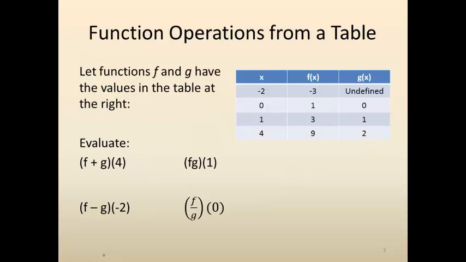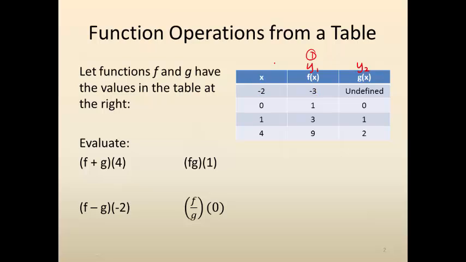All right, so function operations using a table. Here I've got a table where I have x values, but I have one set of y values and a second set of y values. If I were to substitute a number into the f function, the first one, if I put in a -2, my output is a -3.